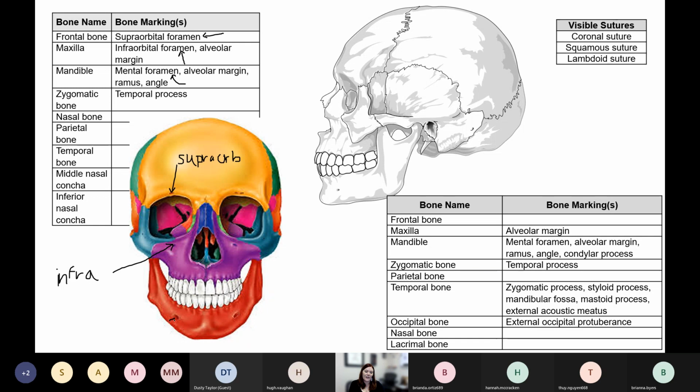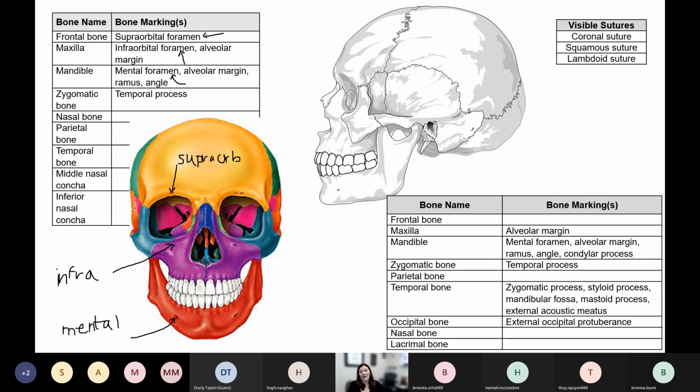And down here at the very bottom, I've got a hole that's in the mandible. Remember that your chin was the mental region. So this one down here is called the mental foramen. So use the hints in the names of these bone markings, not only to tell you that I'm looking for a hole, but also that I'm looking for a hole that's above the eye, or below the eye, or by the chin.